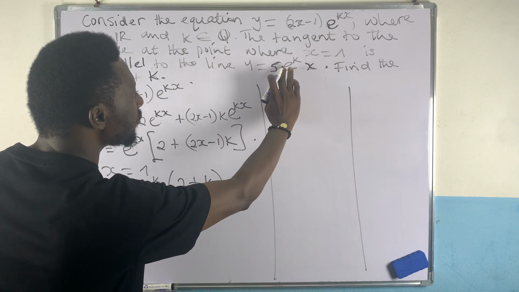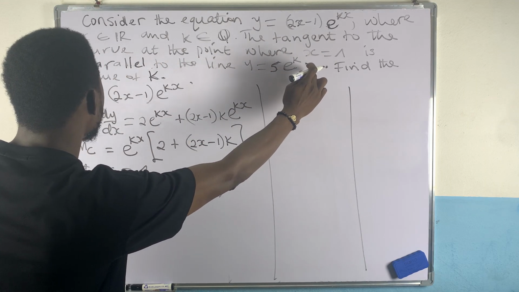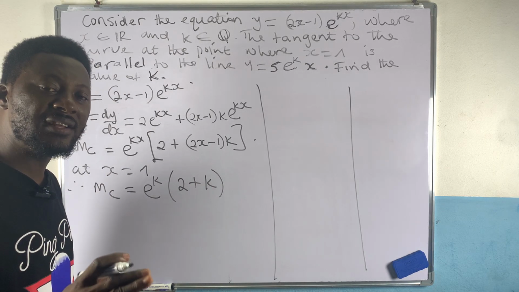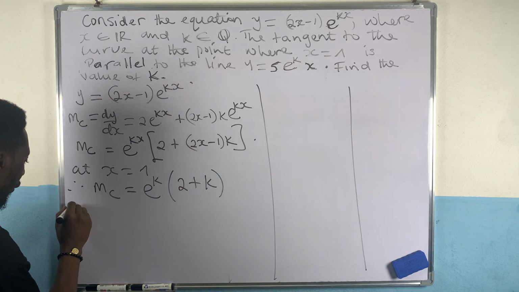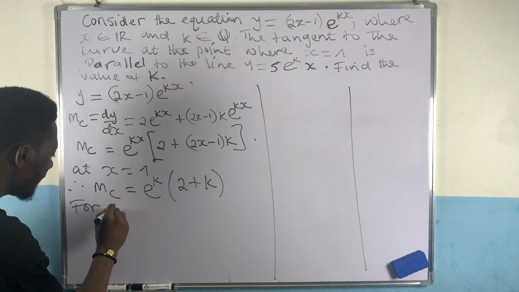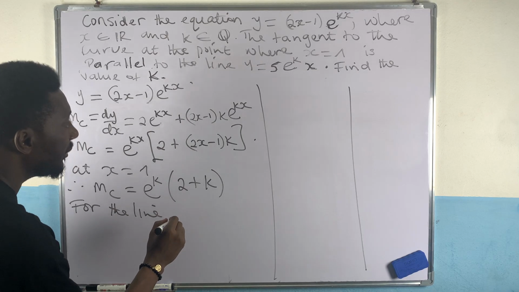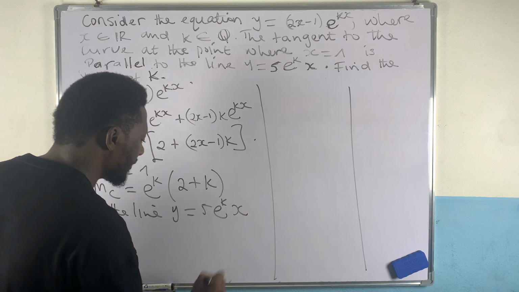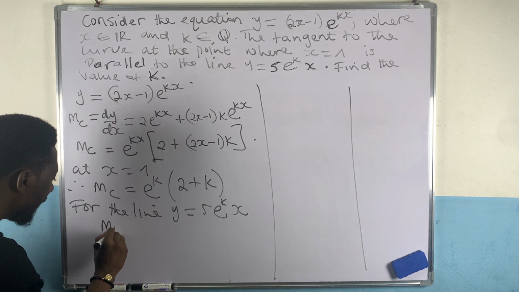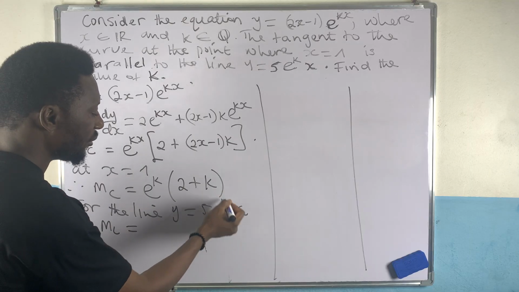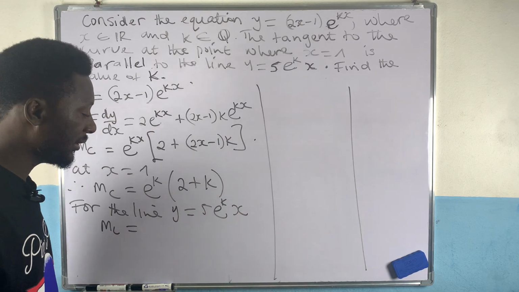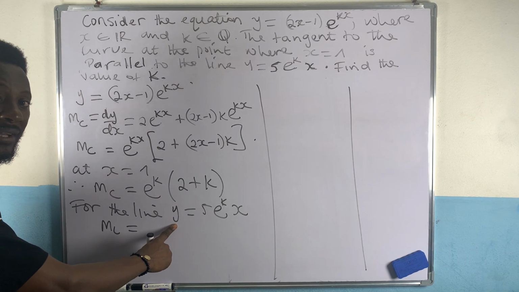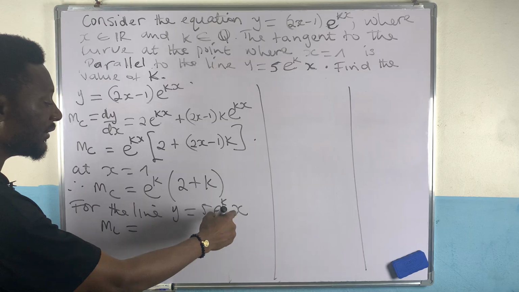Then they also told us that the tangent is parallel to the line y equals 5e exponent k times x. When two lines are parallel, their gradients must be equal. For the line y equals 5e exponent k times x, the gradient of the line is actually the coefficient of x. If you recall the general equation of a line, y equals mx plus c, once you isolate y, the gradient m is the coefficient of x.